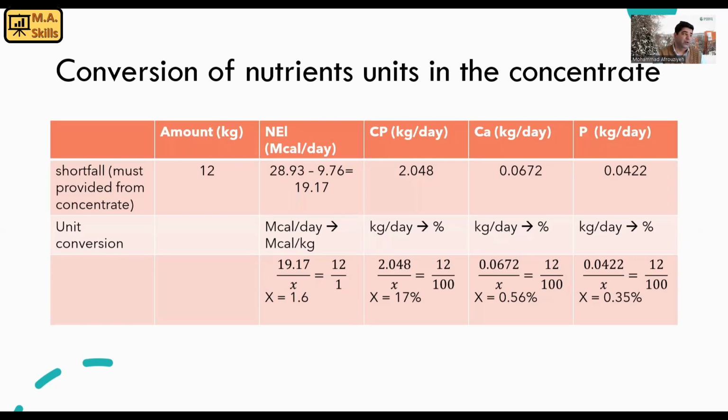But in order to formulate the concentrate, we need to convert the nutrient units in the concentrate. So what we are going to do is convert megacalorie per day to megacalorie per kilo, and kilogram per day for protein, calcium, and phosphorus to percent.